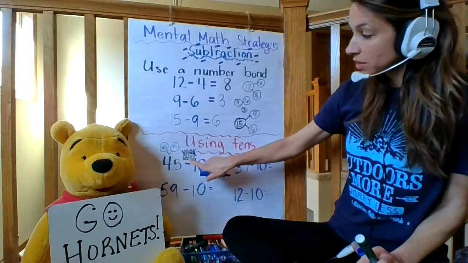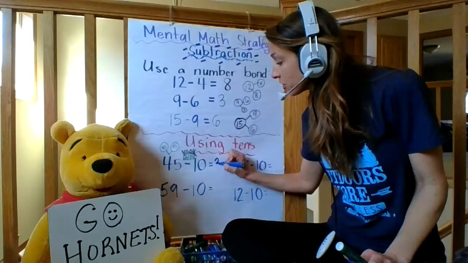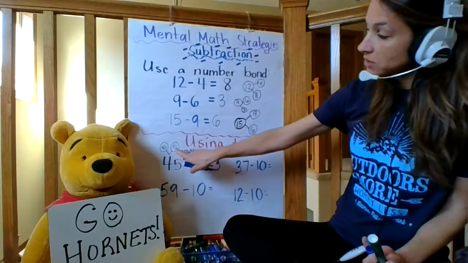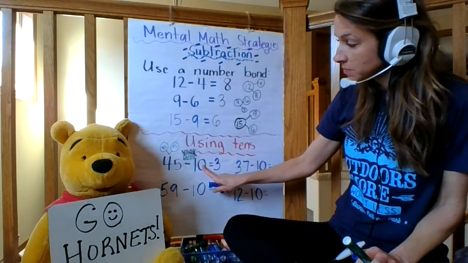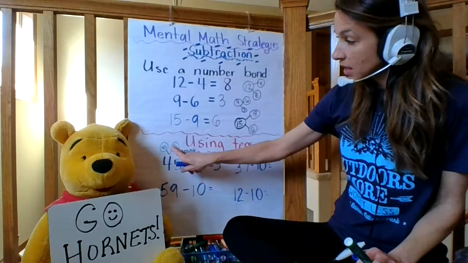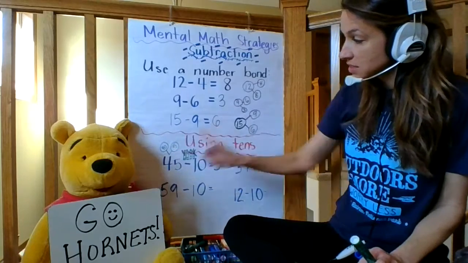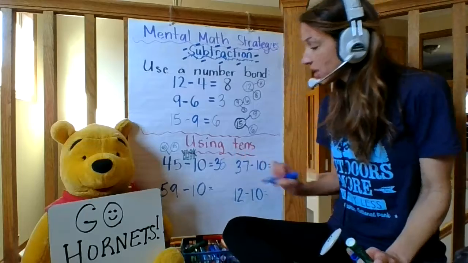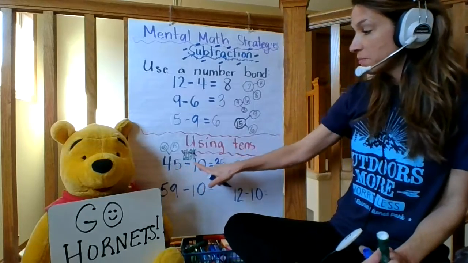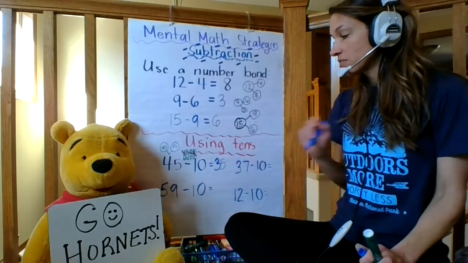So I am left with 3 tens or 30. And I am also left with 5 ones. Since I did 40 take away 10, and I still have my 5 ones, my answer is 35. 45 minus 10 equals 35.